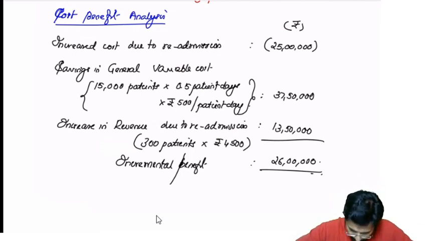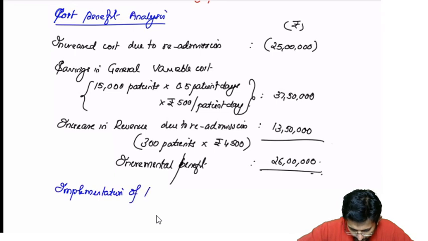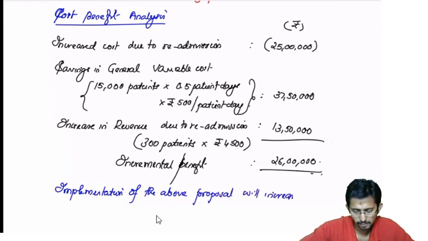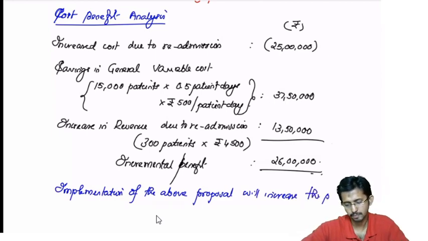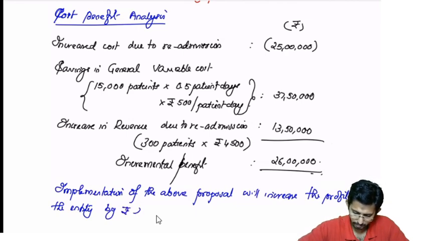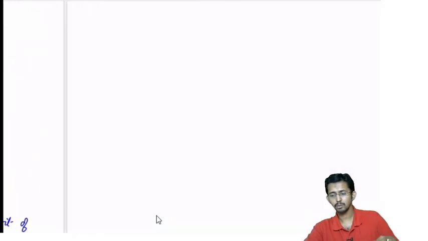So you can write: implementation of the above proposal will increase the profit of the entity or the company by rupees 26 lakhs.